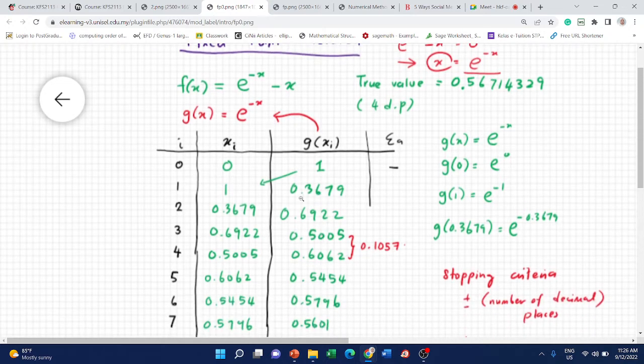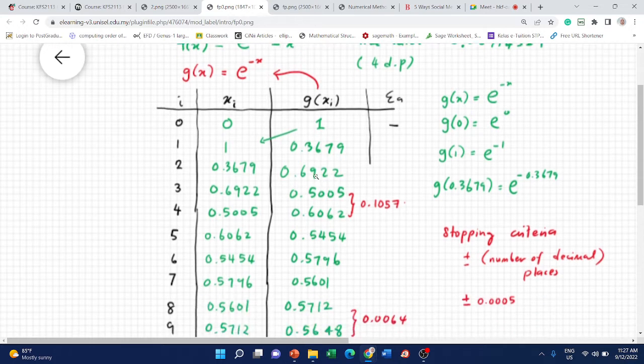Yes, madam. Now we do similarly for the next iterations. The number here in g(x) will be your next xi. Put here e to the power negative 0.3679. What numbers do you have now?